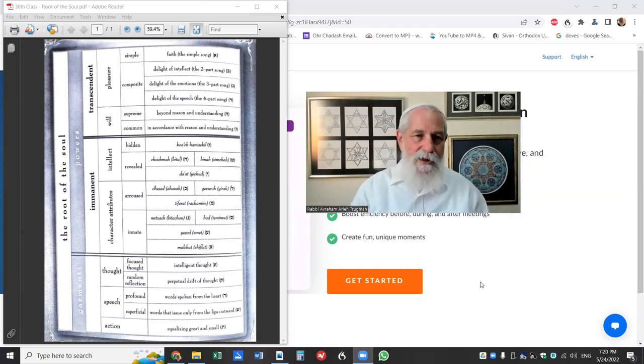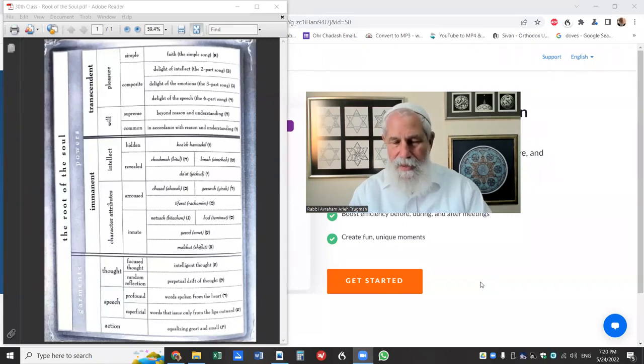So now let's return quickly to pleasure and will. And we see that there's two types of pleasure. One is called simple, and one is called composite. So in Hebrew, it's pashut and murchav.